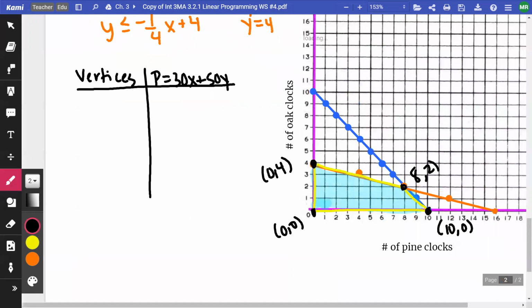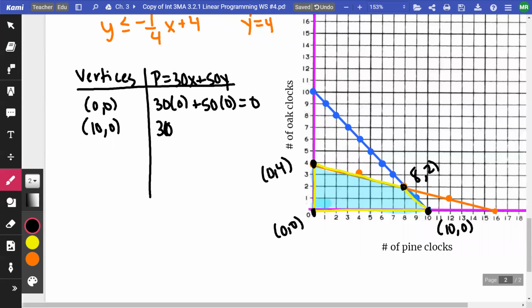And I'm going to take all of my vertices. 0, 0, which is going to end up being 30 times 0 plus 50 times 0, which is 0. 10, 0. So it's going to be 30 times 10 plus 50 times 0. So that's going to be 300. 8, 2.